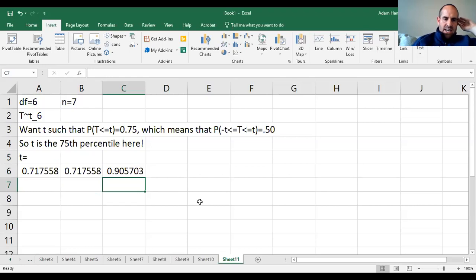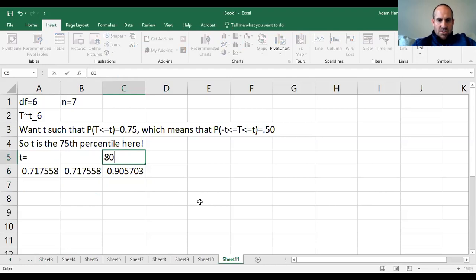I get the number 0.906 as the cutoff point, and this was the 80th percentile. 80th percentile for what? For degrees of freedom equal to 6.